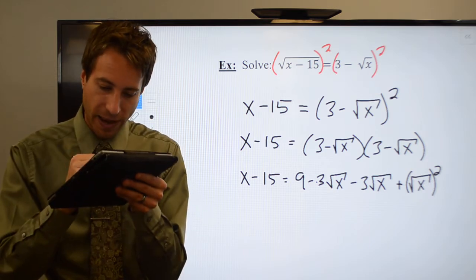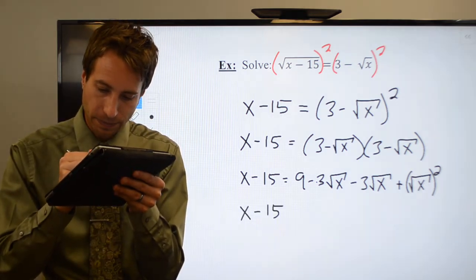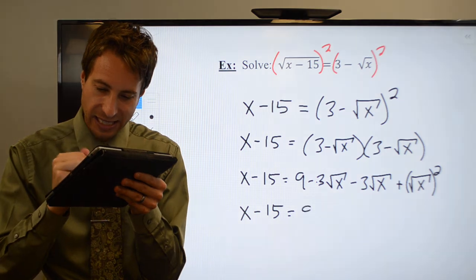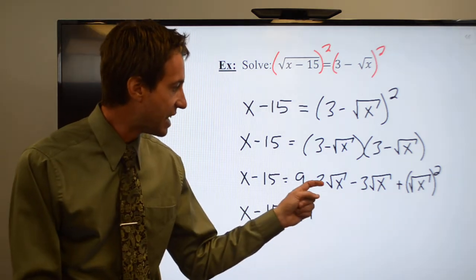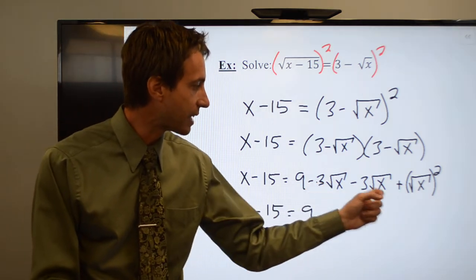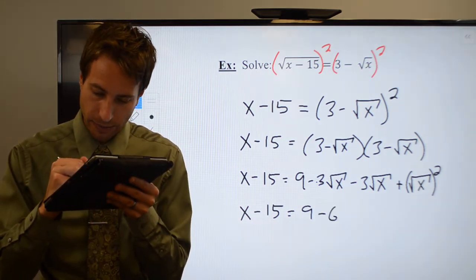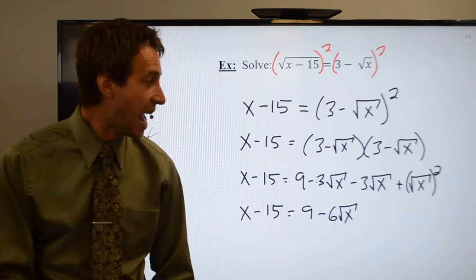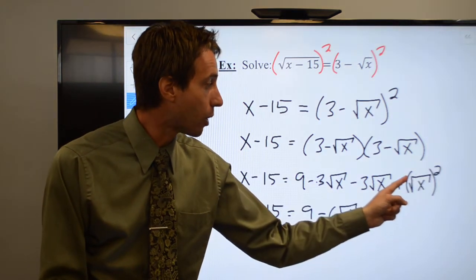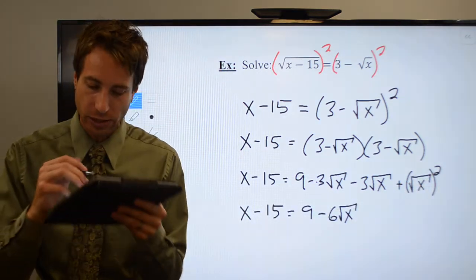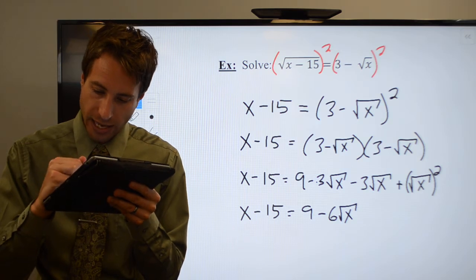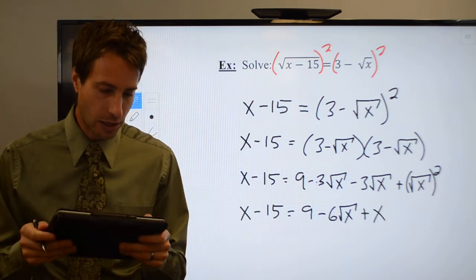Okay, let's go ahead and simplify this guy. The 9 is going to just stay a 9 for now. Negative 3 square roots of x and a minus 3 square roots of x will be minus 6 square roots of x. And the square root of x squared, well, the index and the power match, so they cancel each other out, and I'm left with just an x.